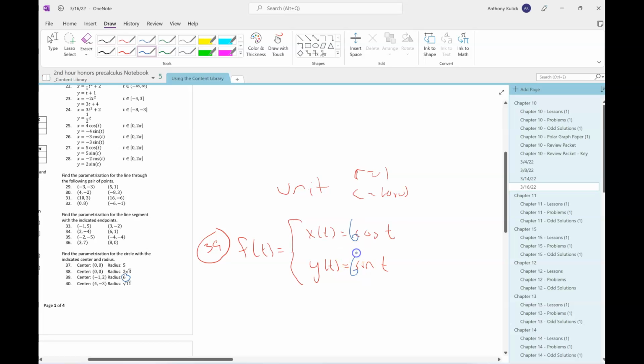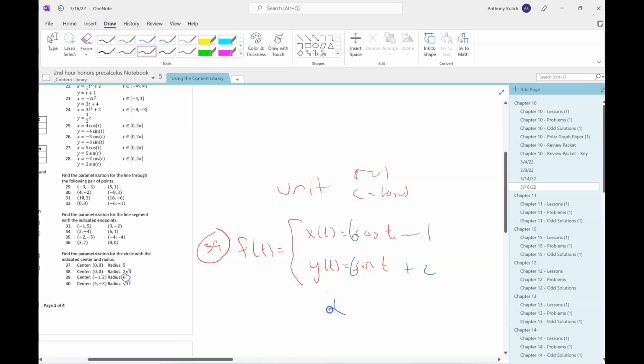And if I do the same thing for sine, it'll stretch it out vertically, so it's going to now have a radius of 6. And if I want the center, which is at 0, 0, to now be at negative 1, 2, well, I need to move all the coordinates to the left 1 unit. So I just subtract 1 from all the x coordinates. I need to shift it up 2 units, so I'll just add 2 to all the y coordinates.